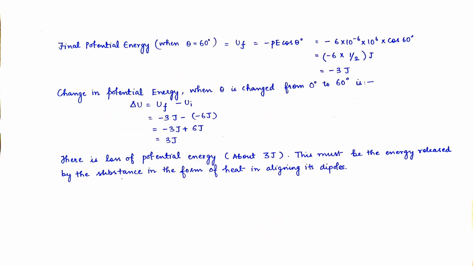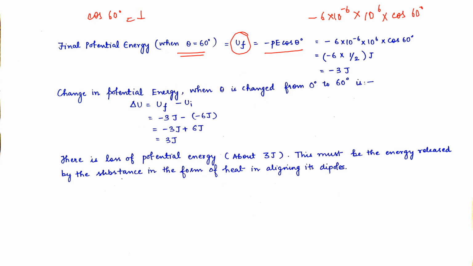Now the final potential energy, U final, will be given as minus PE cos theta. Again P is 6 into 10 to the power minus 6, E is again 10 to the power 6, but cos theta is cos 60 degree. So what is the value of cos 60 degree?